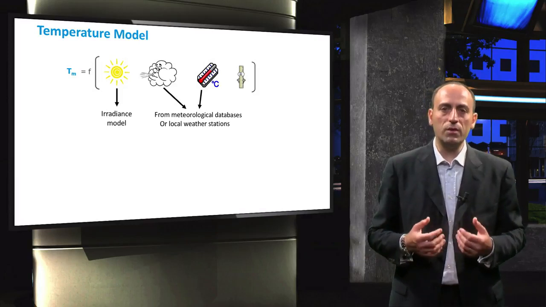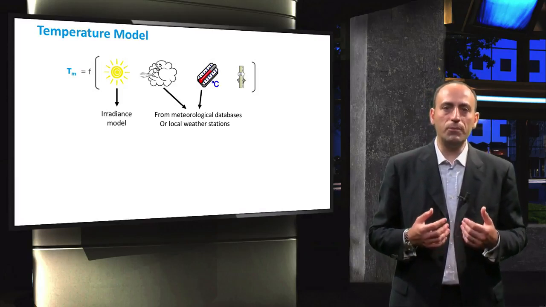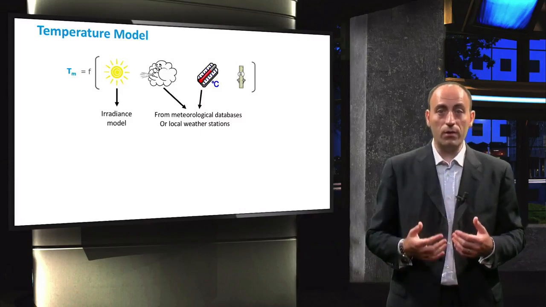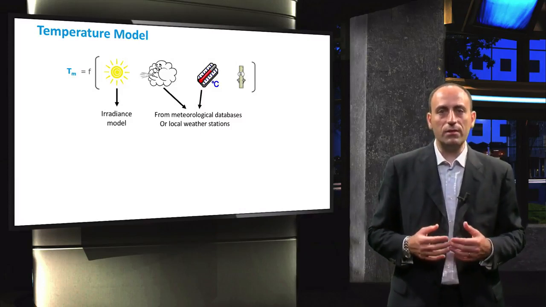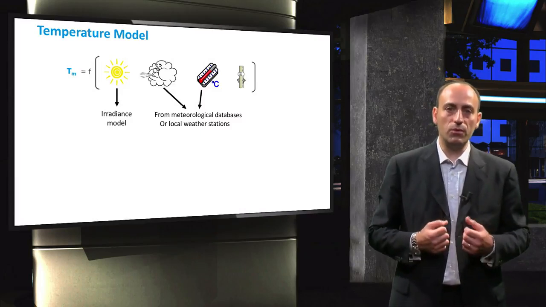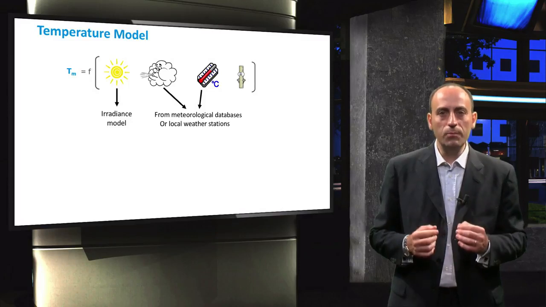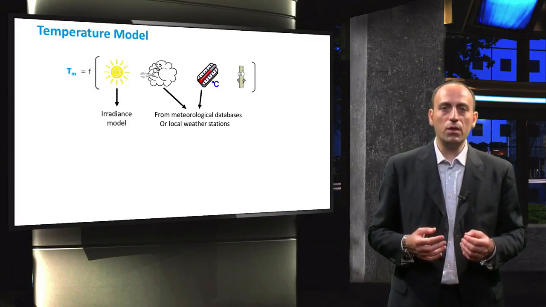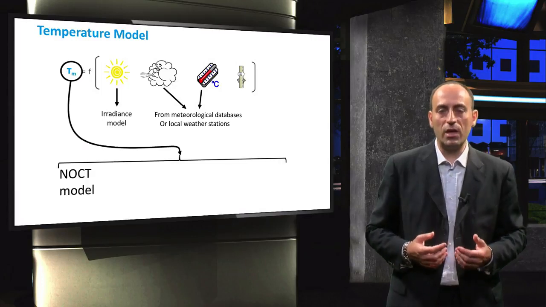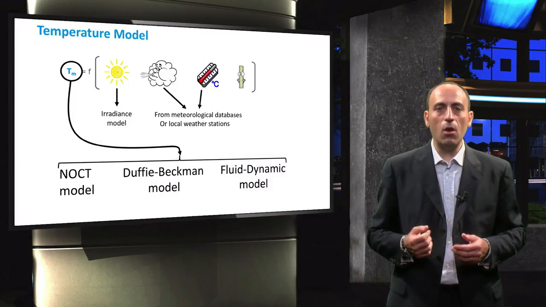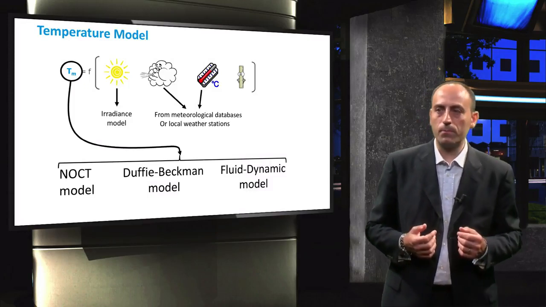The data for the wind speed and ambient temperature can be obtained from a meteorological database or from a local weather station. Please note that meteorological data should have the same time interval as the input from the irradiance model. With this input, we can calculate the temperature of the PV module using one of the temperature models studied so far: the NOCT model, the Duffie-Beckman model, or the fluid dynamic model.